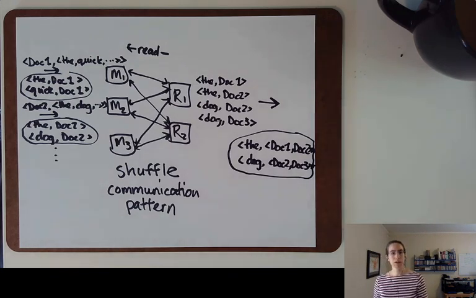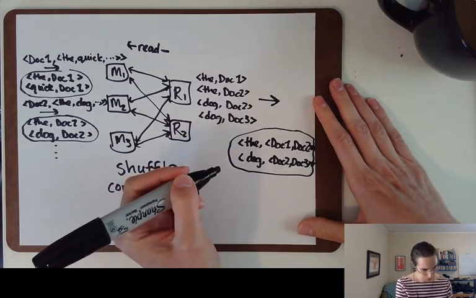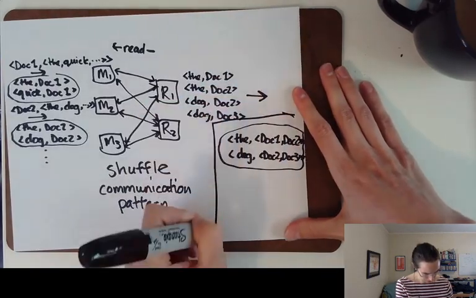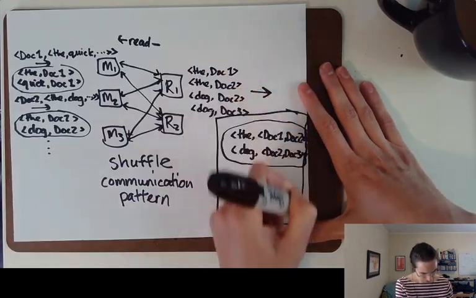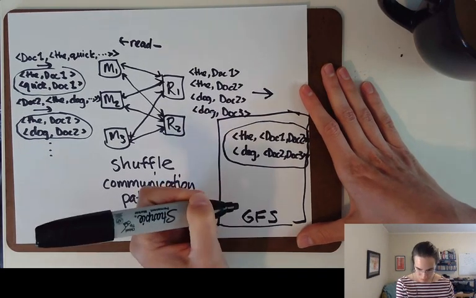Well, R1 and R2 have to write their output somewhere. At Google, what they do is they write it to a distributed file system. So that used to be something called GFS, or Google File System. They have a new one now, but in this paper it's GFS, so let's say GFS. So R1 and R2 write their output onto GFS.